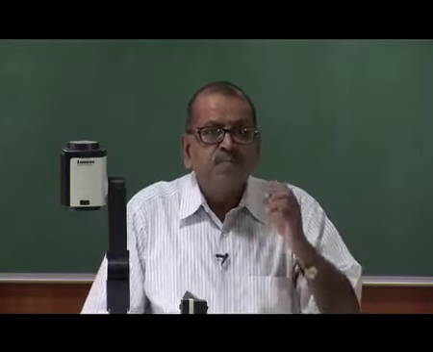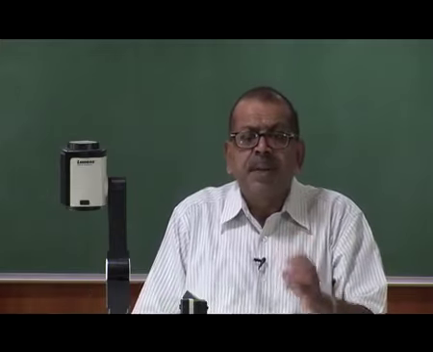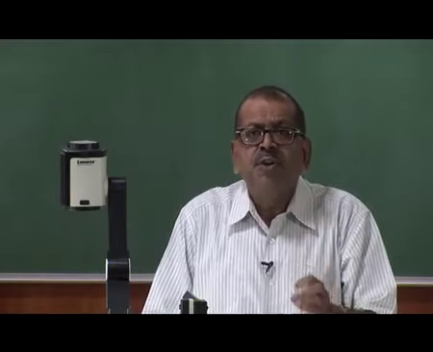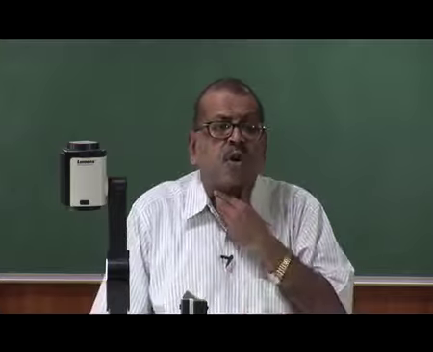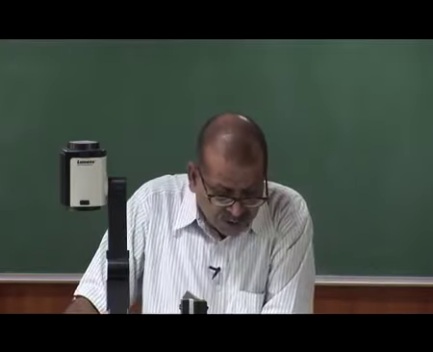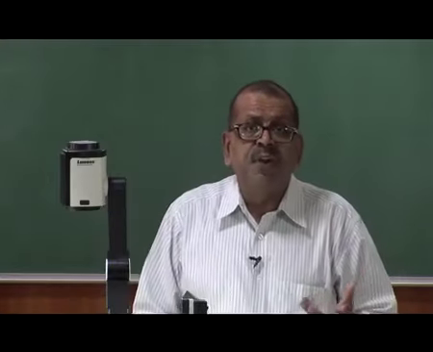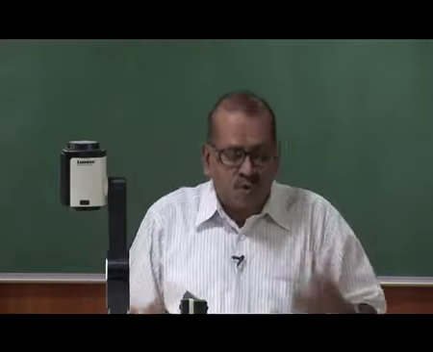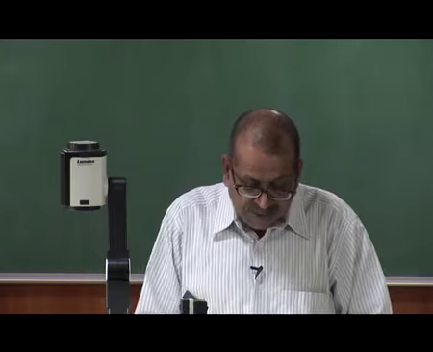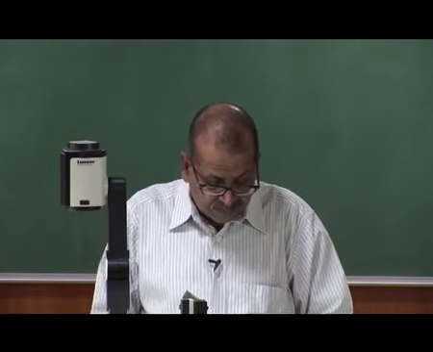So, the movement of a point becomes a function of the frame from where you are observing that point. That means the velocity which we measure will depend on the reference frame. We cannot talk of any absolute velocity in that sense.